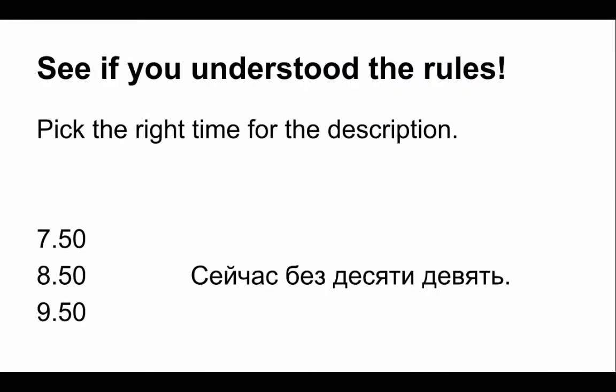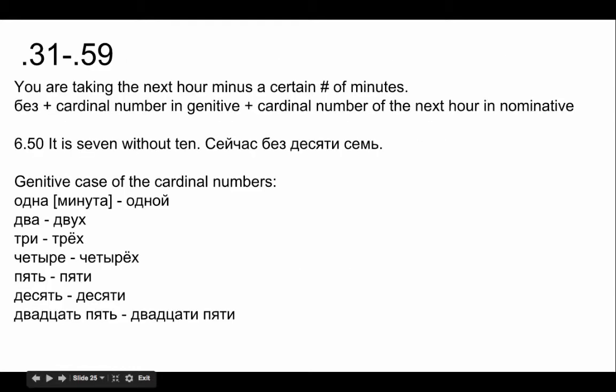So did you understand the rules for this one? See if you can pick the right one here for this description. Сейчас без 10:09. Did you get it right? Again, we're counting towards the next hour. And in this case, we say, right now it is without 10:09. So 9 hours without 10 minutes.